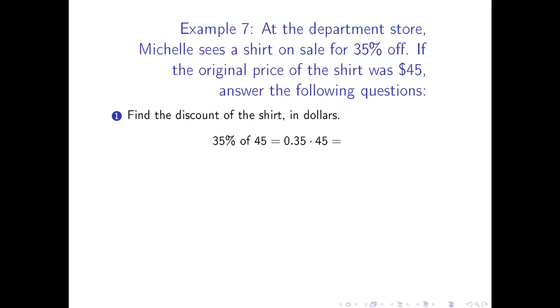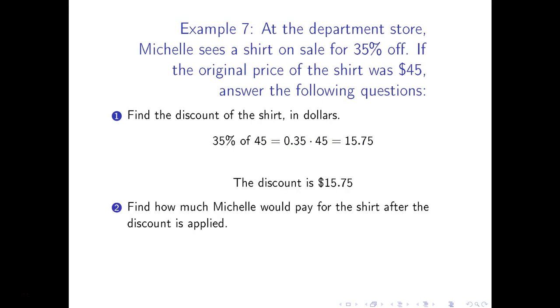Hopefully you remember to change this into decimal form, percent to decimal form. Then I did the multiplication, and I get 15.75. So my discount is $15.75. Now the second question is how much would she pay for the shirt after the discount is applied?